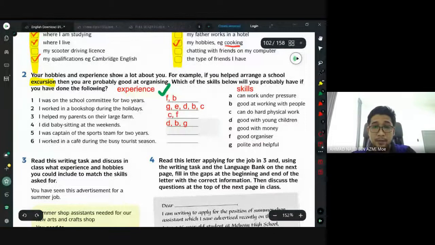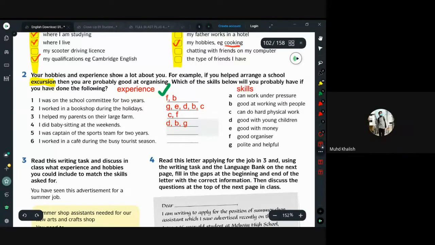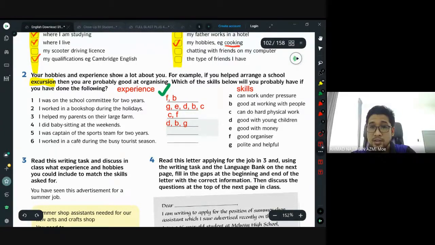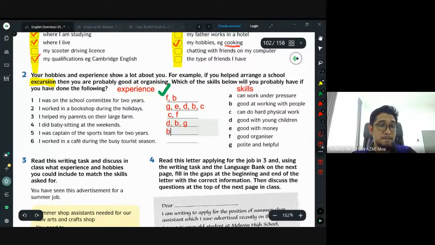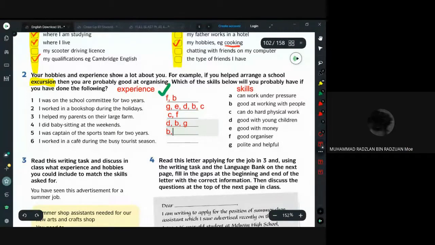Number 5. Any sportsman here? Any sports captain in our class? Amin is not here today. Ketua kelas. Len, what about you? Jawab. Good at working with people. F, good organizer.